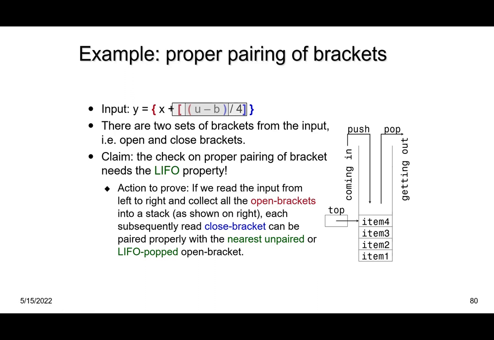Okay, what if you have extra opening? How do you detect this case? Extra opening, you will push everything inside. Let's say you have 4 openings, so you push 4 items inside, right? After you read the last closing, you pop one item out from the stack and it matches with the last closing. Does it mean everything matches, because all those openings and closings that you pop out match?